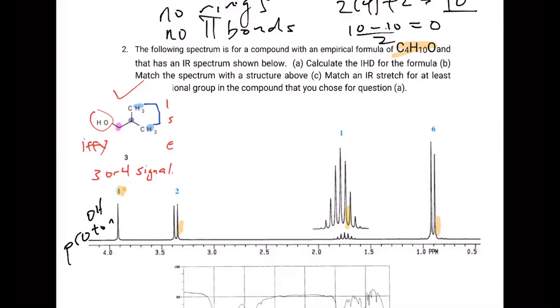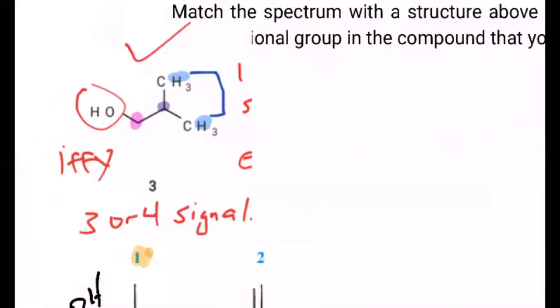So what do you think the signal is here? It's integrating for 6 protons. Which protons do you think that represents? All right, so you have 3 choices.